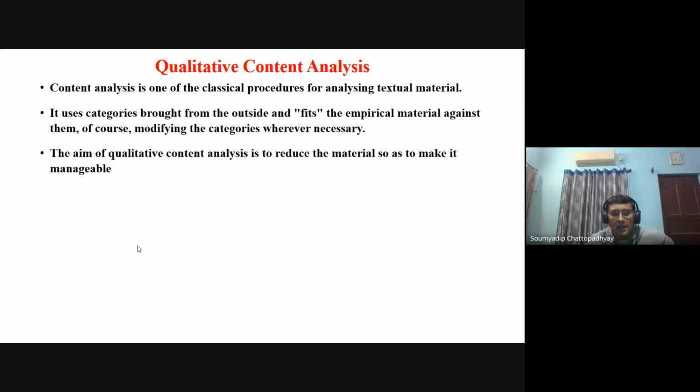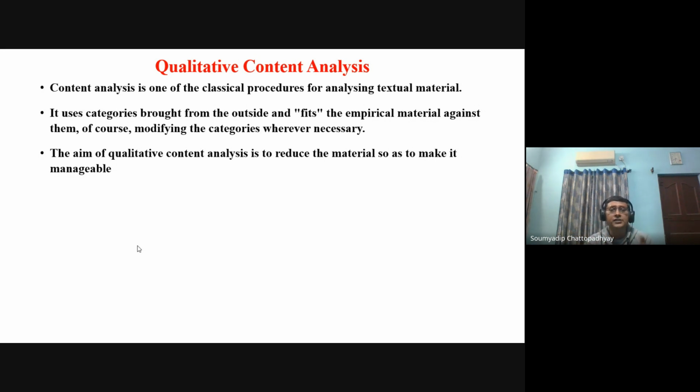This is another type of analysis on which qualitative researchers depend heavily, but it is different from the coding approaches which I have discussed in my previous 3 or 4 slides. The difference is as follows: in qualitative content analysis, you use categories brought from the outside and then fit the empirical material against them, of course after modifying the categories whenever necessary. So this is different from coding.